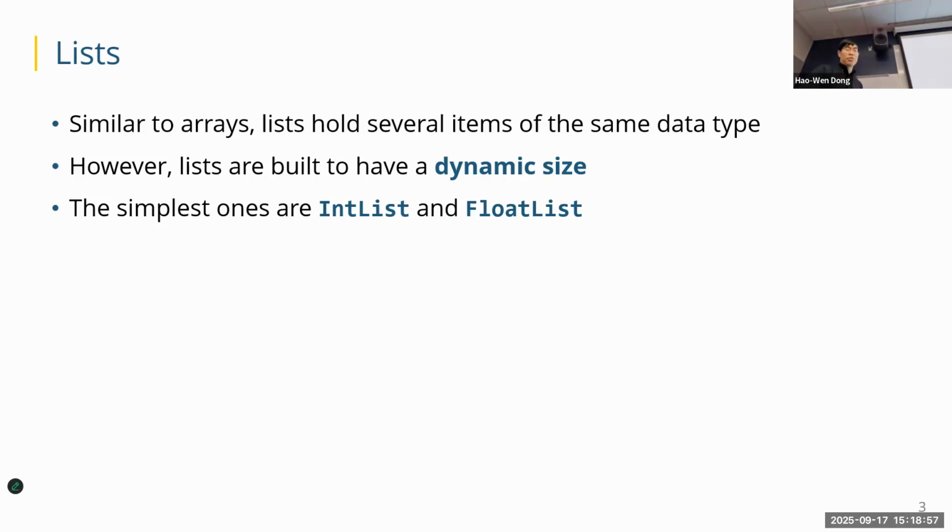So the array has to have its size predetermined. But a list doesn't have to be like that. You can actually get a bunch more.